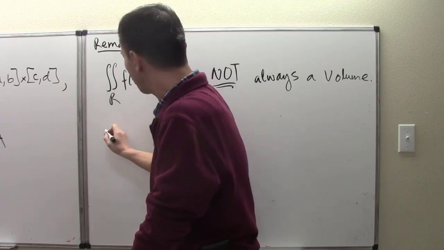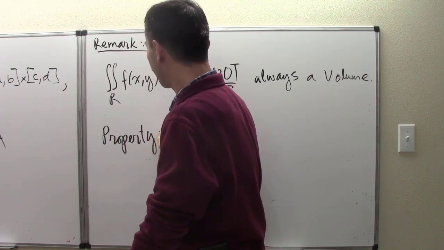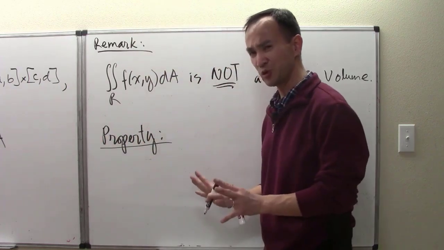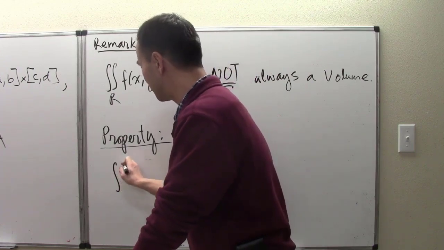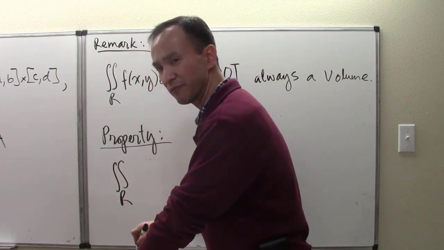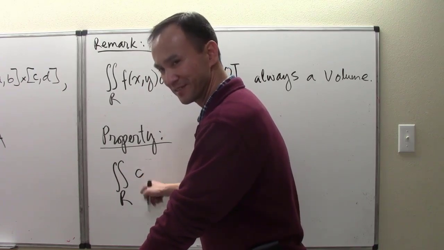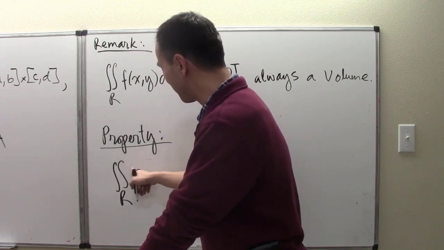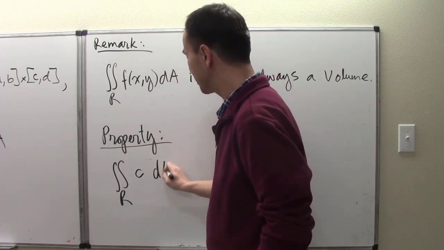For this point, I can proudly present one of the important properties that's easy to catch right here. When you are taking the double integral over some rectangular region, and your function is a constant c on that rectangular region, this is a double integral.